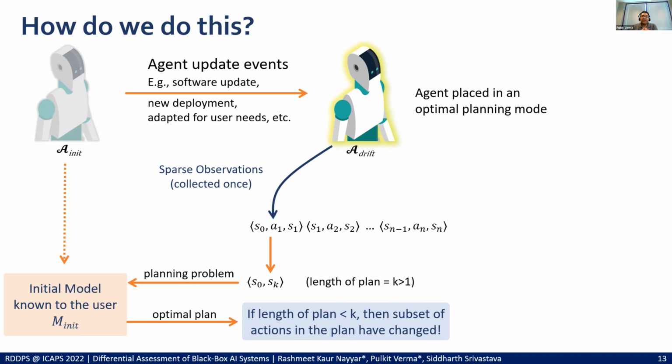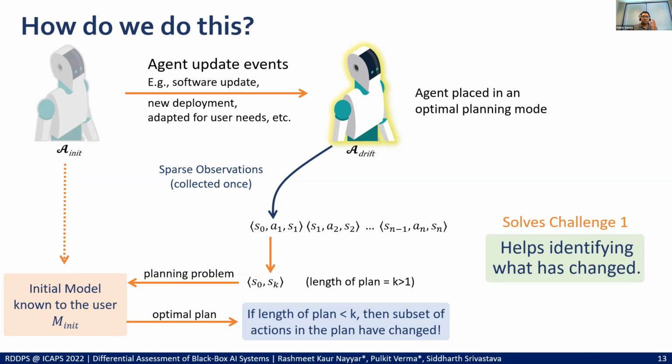And now if the length of the plan using this older model was shorter than the one generated by the drifted agent, then it is clear to us that the agent was able to do something more optimally earlier than what it can do now. Hence, some of its functionality has reduced. So specifically something related to the actions that were in the plan generated using the older model. And now one or more of those actions in that older plan are not applicable. And that's why the agent is taking longer paths. So this whole analysis of increased and reduced functionality helps in solving the first challenge.